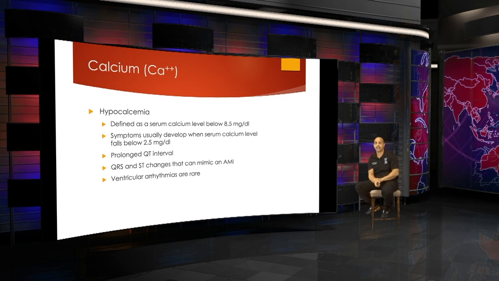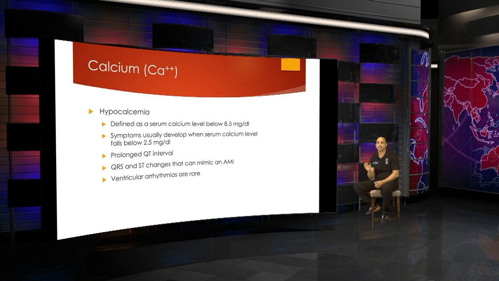So hypocalcemia, right, hypo meaning low, is defined once again by what, the blood serum? If that blood serum is below 8.5, now we're talking our calcium levels are too low. We gotta have at least 8.5 to 10.2 is what we're looking for. But you usually don't become symptomatic, and I think this is a key point, look how low calcium has to be before you might become symptomatic.